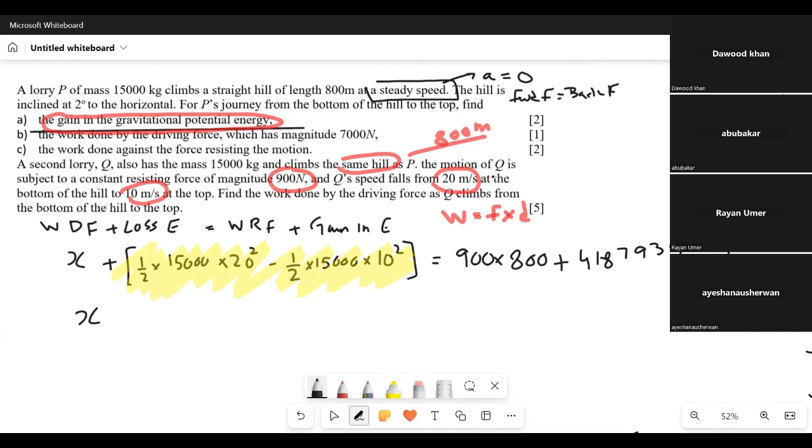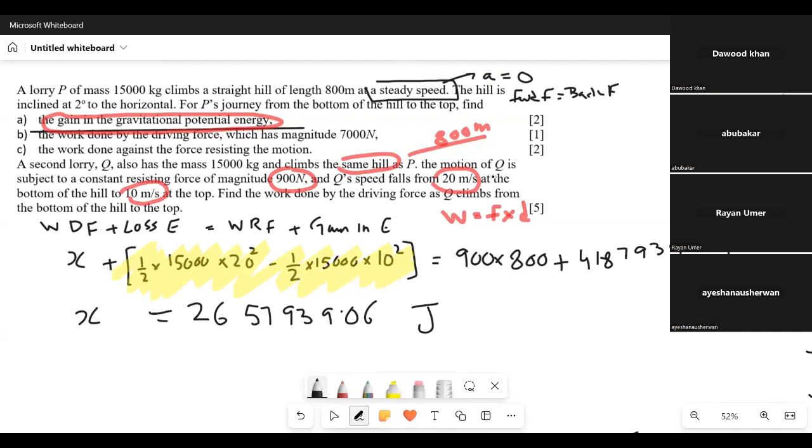This should give, in the end, you'll get x is equals to 262657,939.06 और ये वर्क डन है तो इसका फिर जूल्स ही है यूनिट.